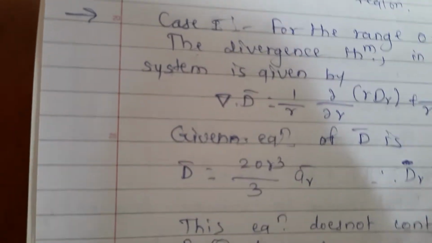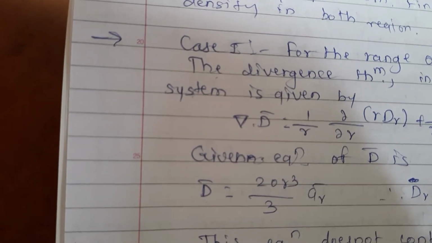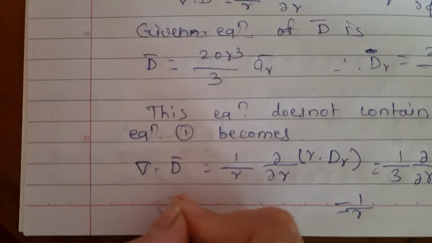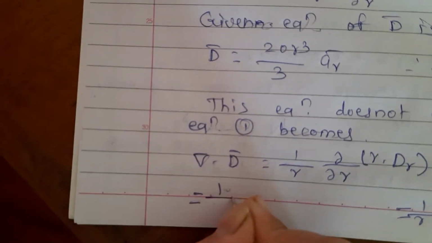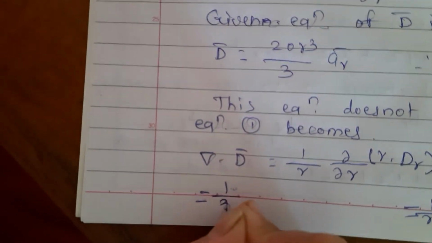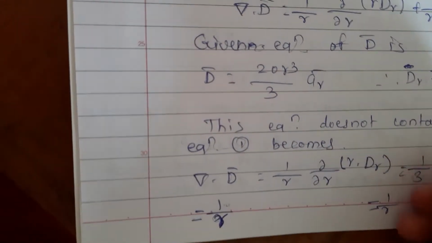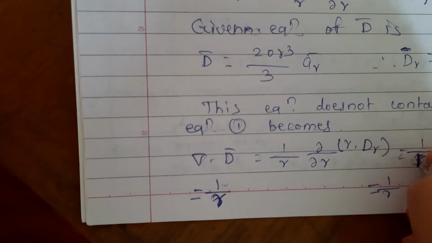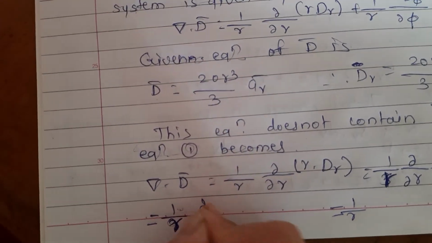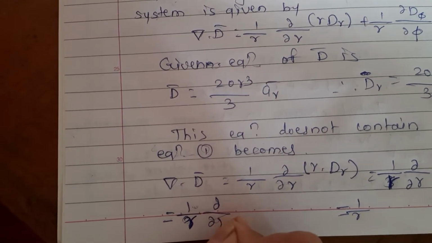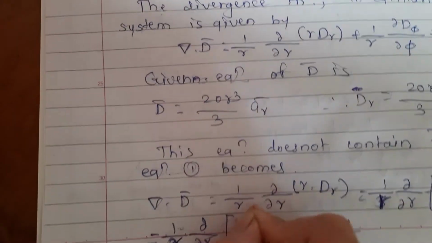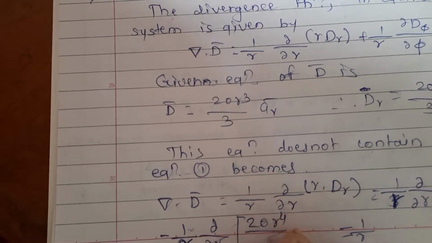So by solving it, we can write 1 by r del by del r of 20 r raised to 4 by 3.